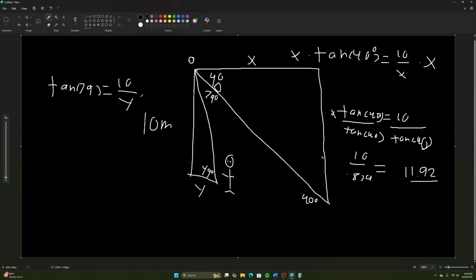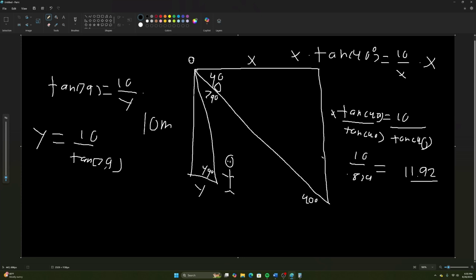Yes, sorry. We've seen this before, haven't we? We're just going to do what we did over here. Multiply by y, divide, so that y equals 10 over the tangent of 79.